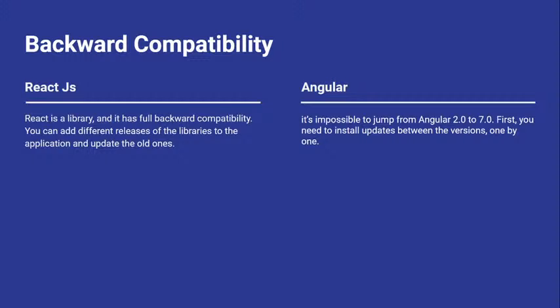But in Angular, you can't directly jump from Angular 2.0 to 7.0. That is very rare. You can't directly switch from 4 to 6 or 4 to 7, because you need to install and update between the versions. So each Angular application has to update its sub packages and dependent packages.